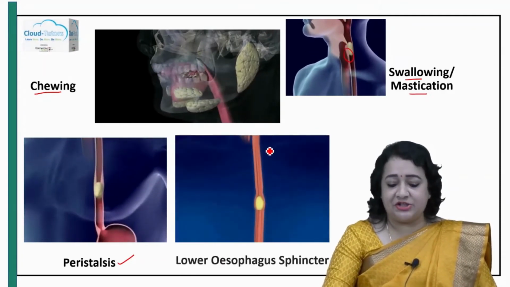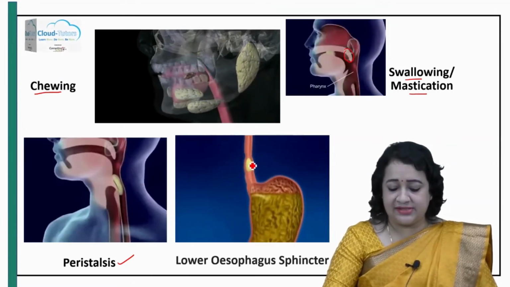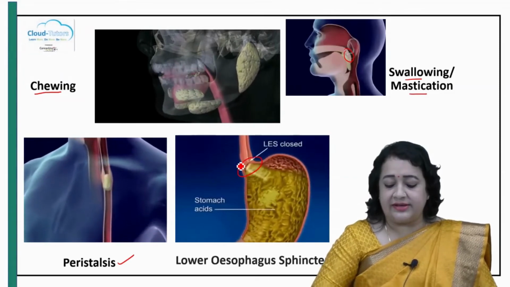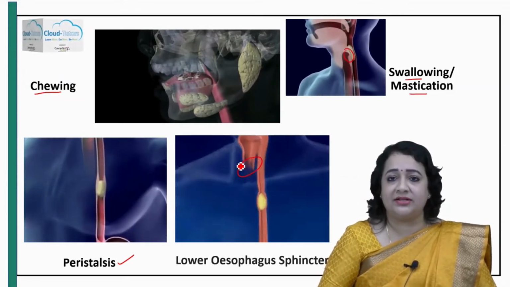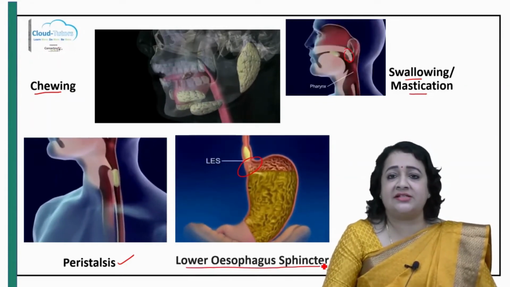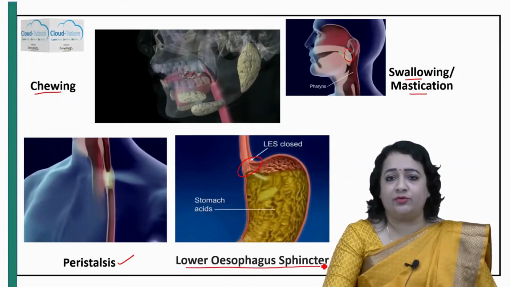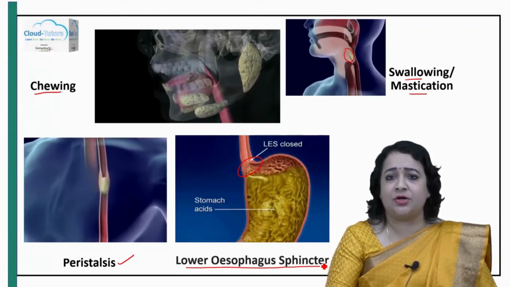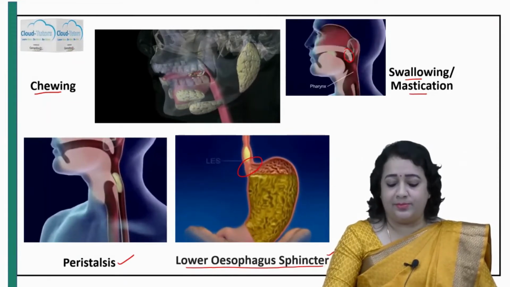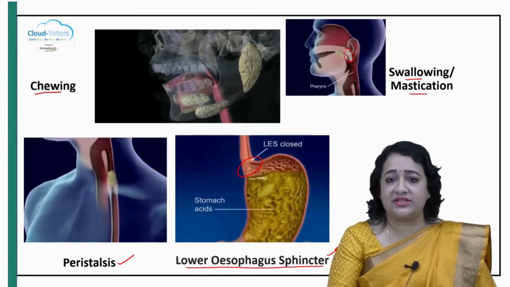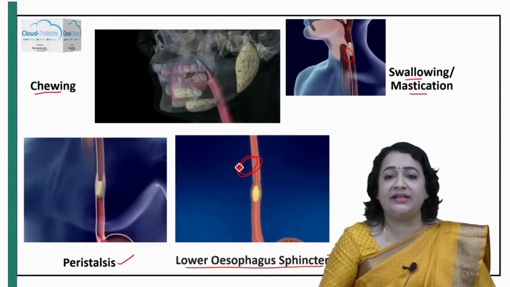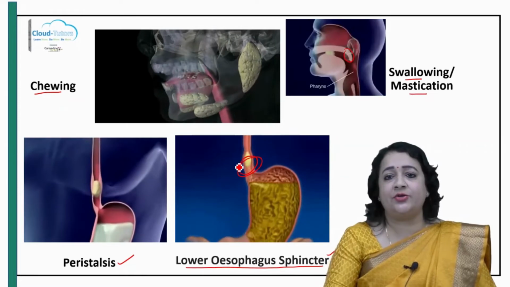Once the food reaches the stomach from the esophagus, it immediately closes, with the help of a muscle called the lower esophageal sphincter. The food drops into the stomach and immediately the sphincter muscle closes. This helps in preventing the acid from the stomach from getting into the esophagus.